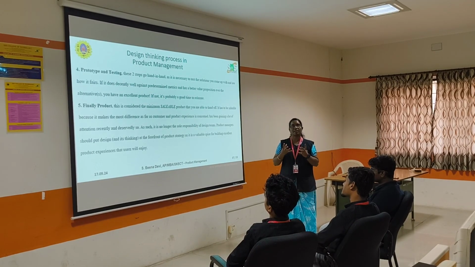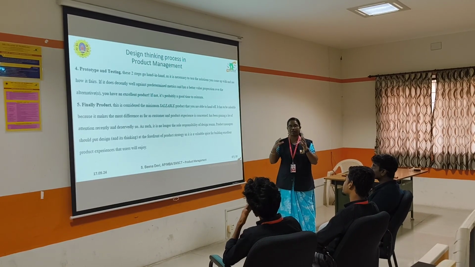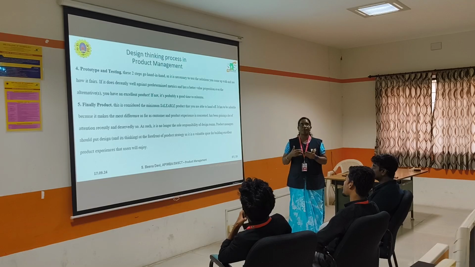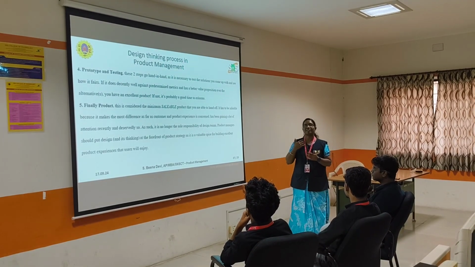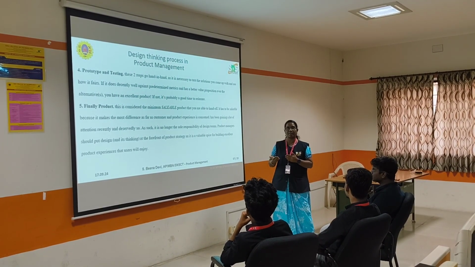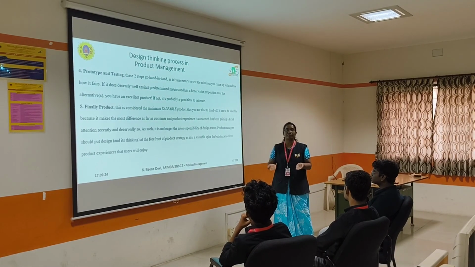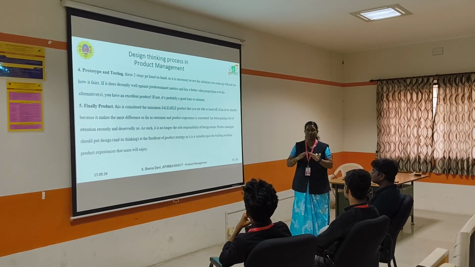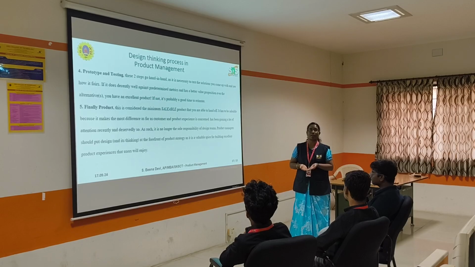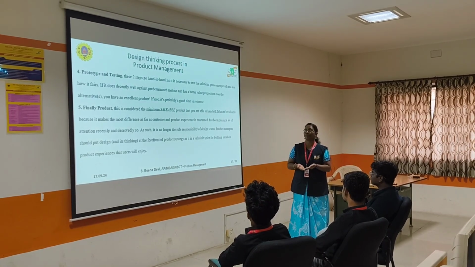Prototype and testing: after building the prototype, you are going to test whether the product is satisfying the user needs and wants. Getting all the feedback from the customers, you are going to test the product and get an effective product out of that.